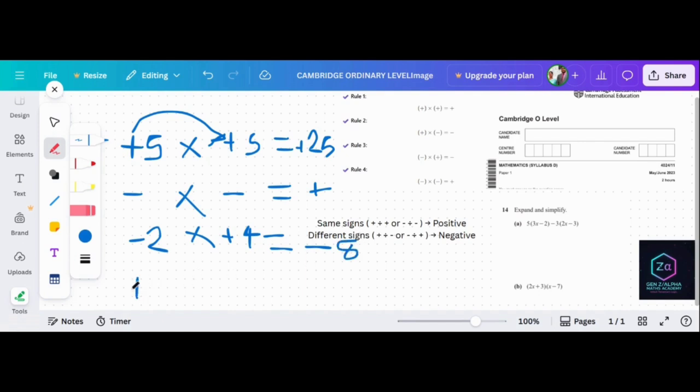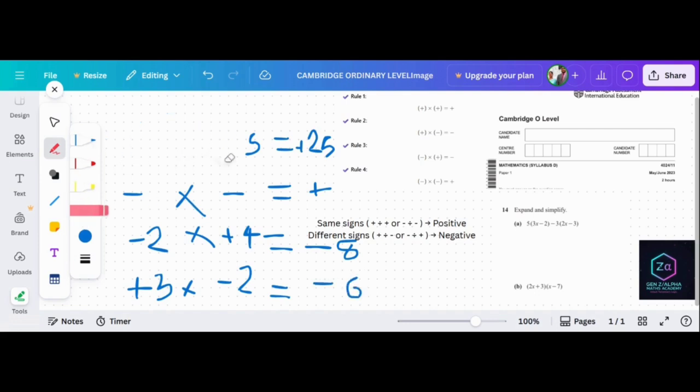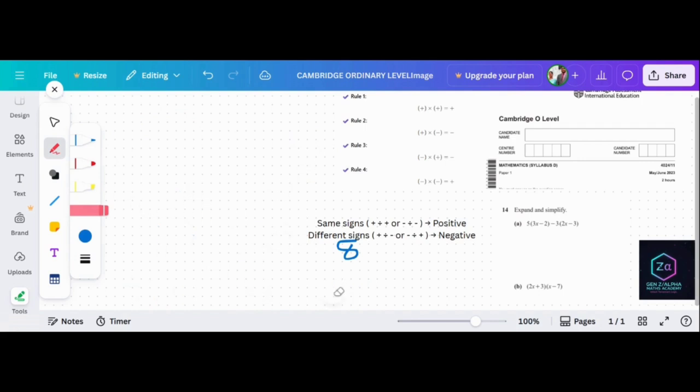Another one, positive 3 into minus 2 is also a minus value, that is minus 6. So we should remember that convention.